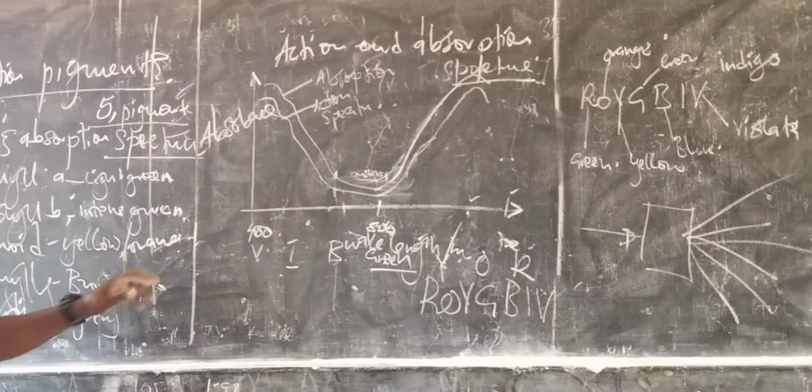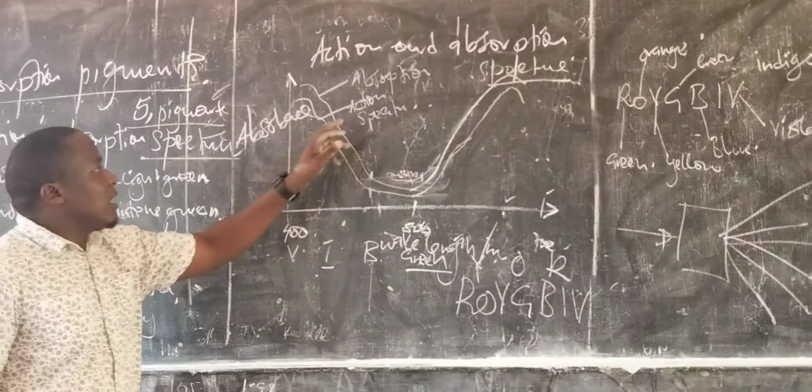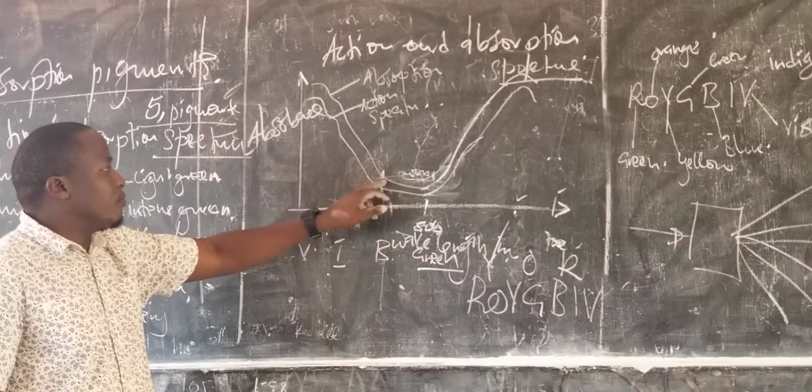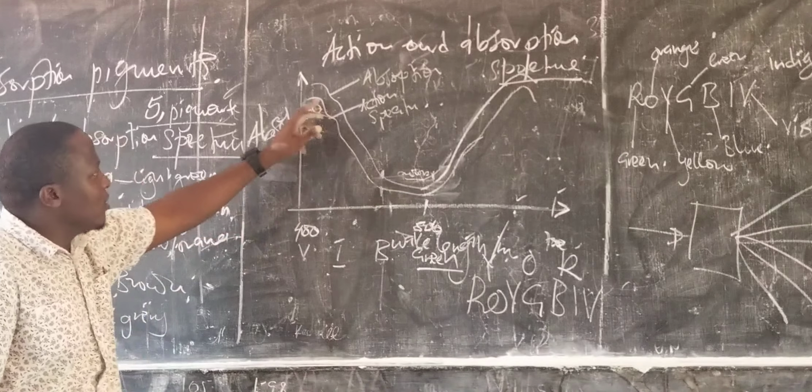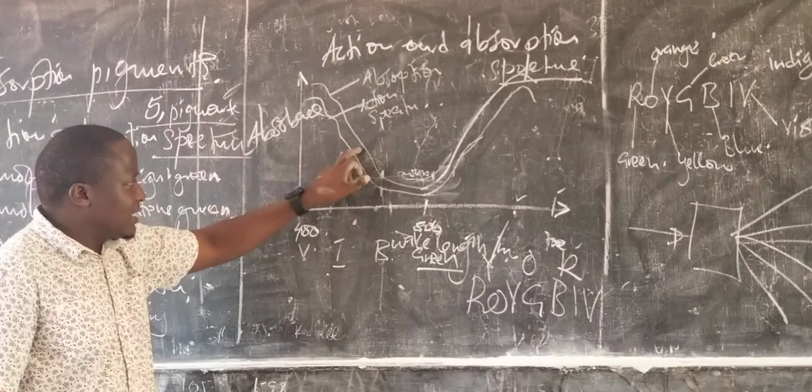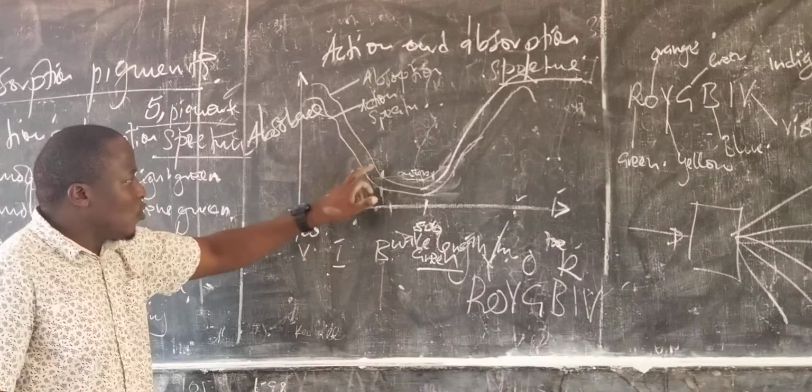So what is absorption spectrum and what is action spectrum? The absorption spectrum is the amount of sunlight absorbed by a plant. So you can say it is the amount of sunlight absorbed by photosynthetic pigments in the chlorophyll molecule at different wavelengths.